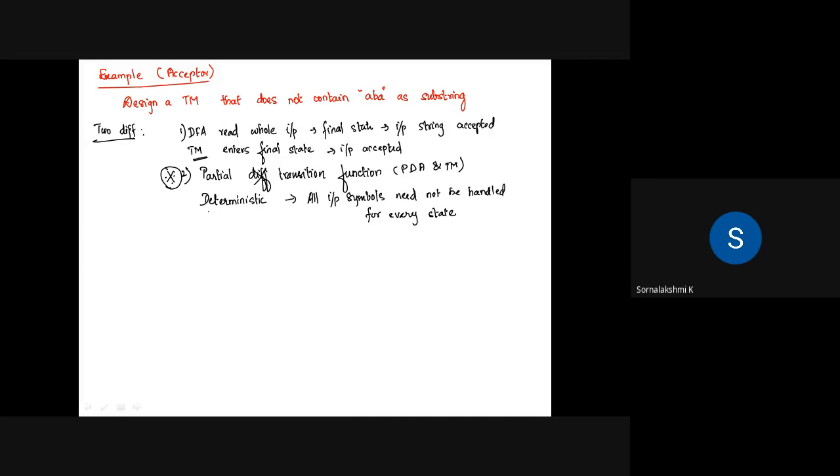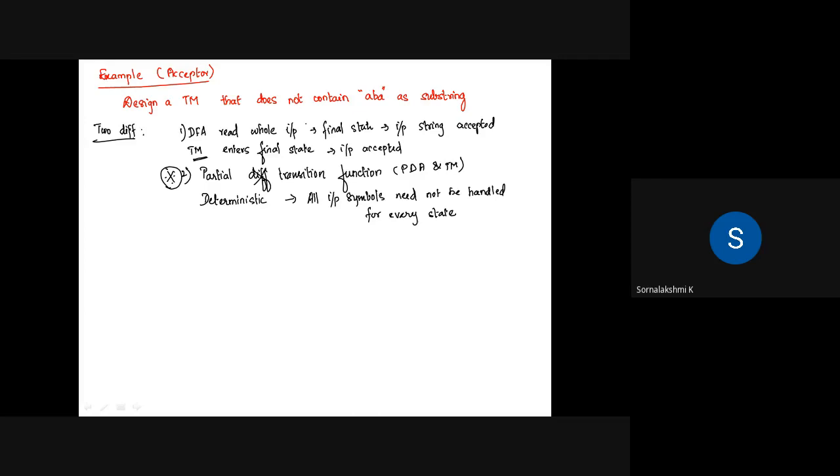That means even for deterministic Turing machine and PDA, we need not handle all input symbols for every state. When a state and an input symbol combination is not handled by a transition function or a diagram, that means it's a dead configuration. That is why we call the transition function a partial transition function. So these are the two differences.